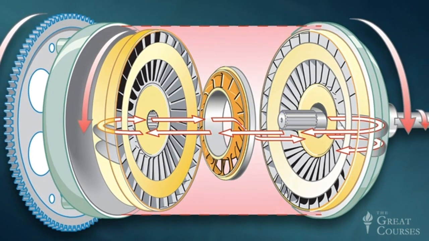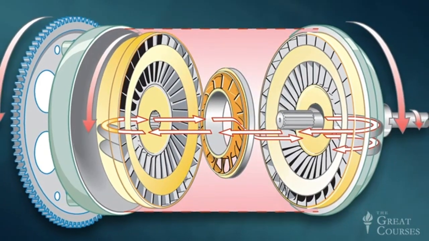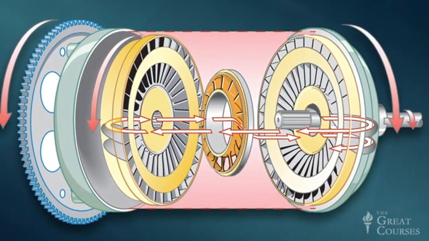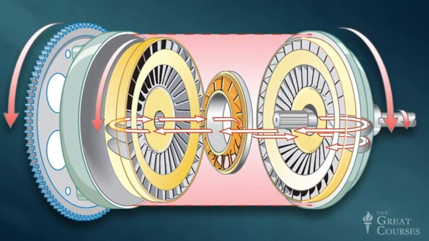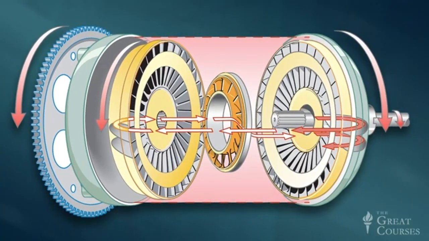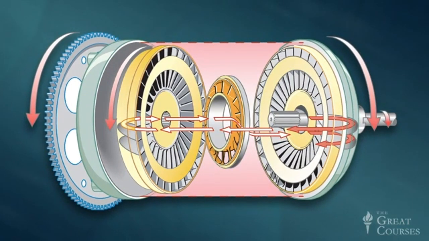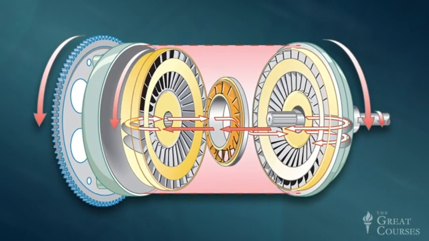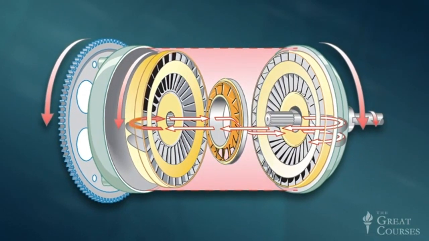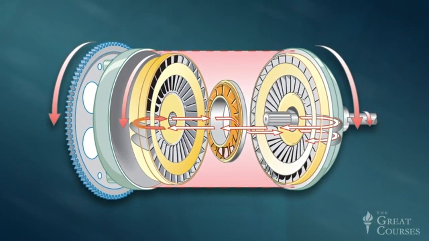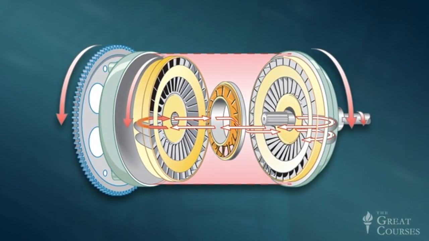The torque converter is filled with automatic transmission fluid. Whenever the engine is running, the centrifugal force caused by the impeller's rotation flings this fluid outward. As the fluid reaches the outer edge of the impeller, it's directed into the turbine and then circulates back inward toward the shaft. Along the way, the fluid flows along the turbine's curved vanes, and its change of direction causes the turbine to spin.